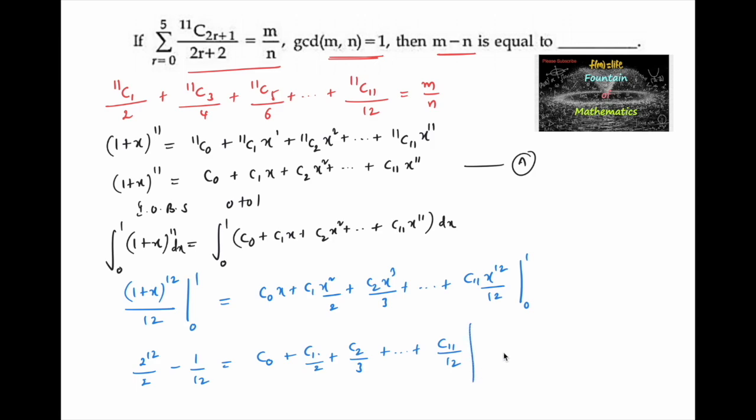So we can write (2 to the power 12 minus 1) upon 12, which is equal to C0 by 1 plus C1 by 2 plus C2 by 3, and so on up to C11 divided by 12. Let us consider this as equation B.